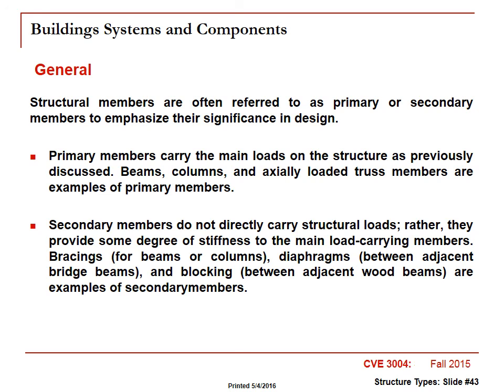So again, if we look at bridge beams, you might drive down the highway and get stuck in traffic under a steel bridge or a concrete bridge. And if you look up at a steel bridge, you'll notice that they have this X bracing between the steel girders every so often. That X bracing is made up of angles and plates and maybe some other things.